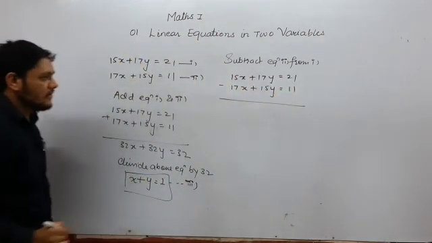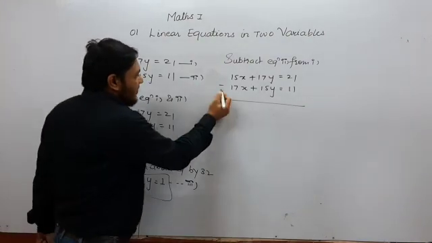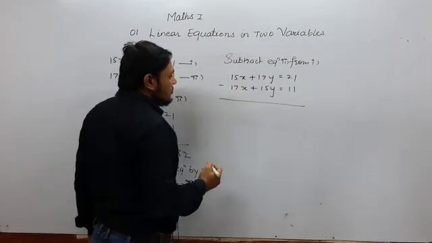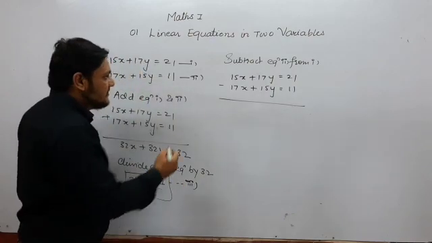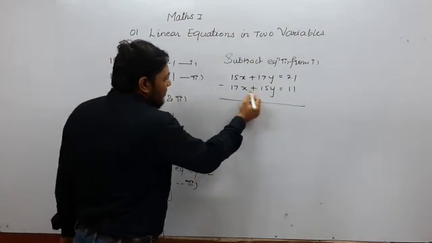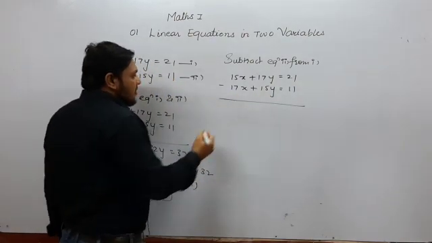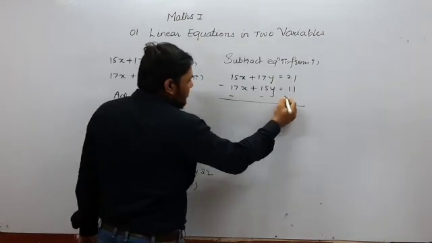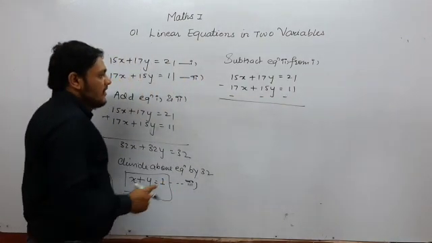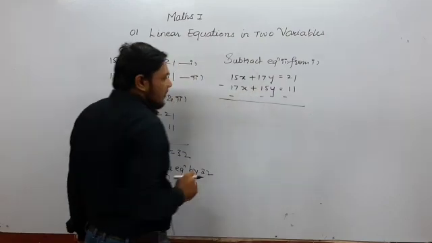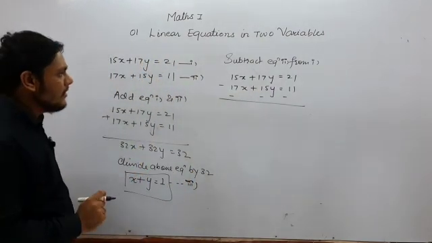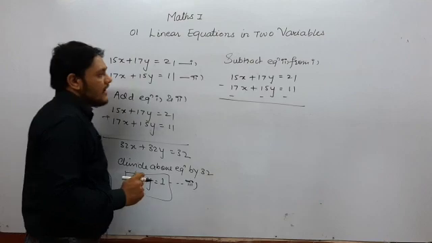This we have to subtract. Student, we know that this negative sign is common and will be applied to each term of the second equation. So I will make this term negative, this term negative, and this term negative. If a negative sign is there, then you have to make it positive, because negative will become positive. This we have learned in the 9th standard.